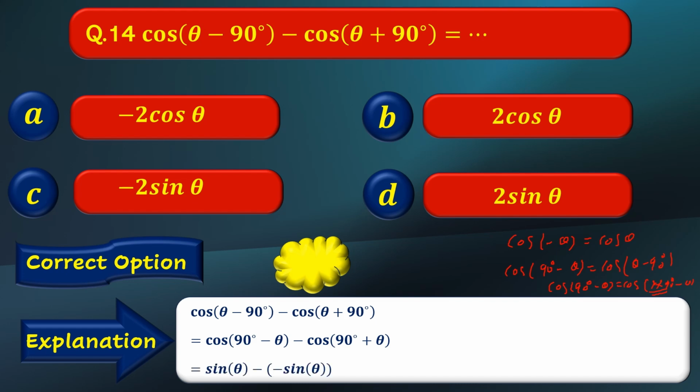Therefore, the expression becomes sine of theta minus sine theta. As 90 minus theta is in first quadrant, therefore we get positive sine theta, and 90 degrees plus theta is in second quadrant, and in second quadrant cos is negative. Therefore, we get minus sine theta. Eventually, we get 2 sine theta. Therefore, correct option is option D.